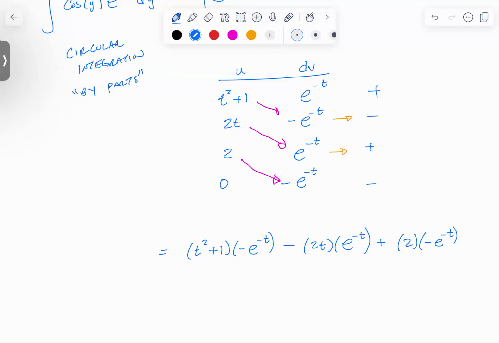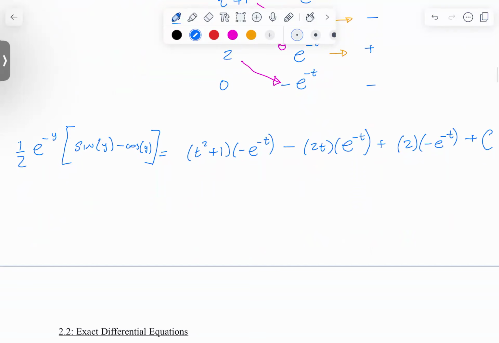On the other side, I did this one for us because it is circular integration. So that's the tabular integration, just a little recall of how to do it.